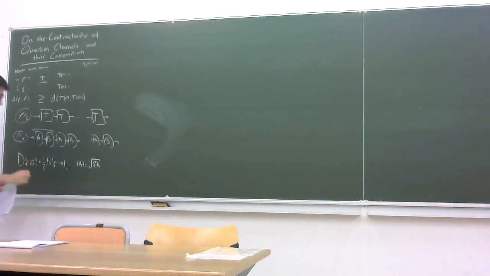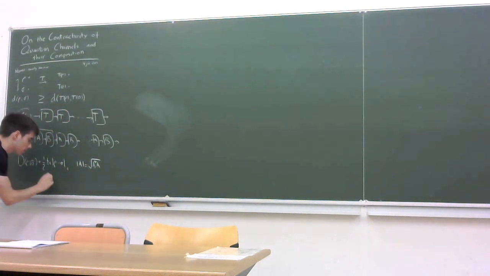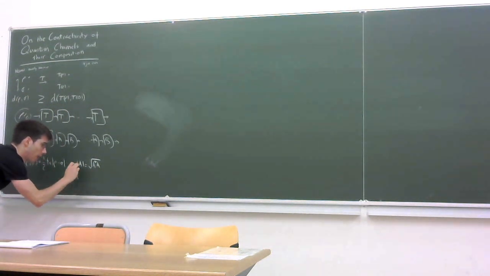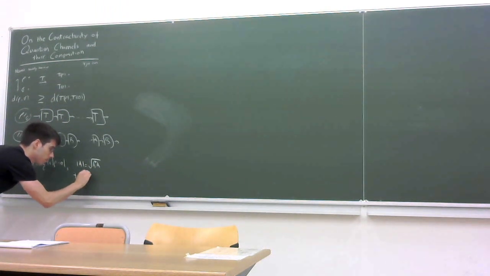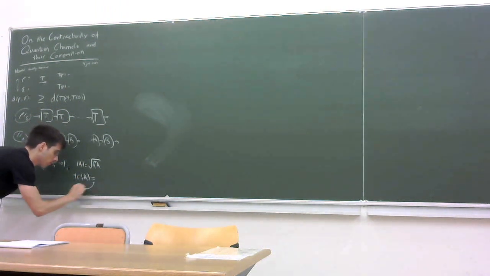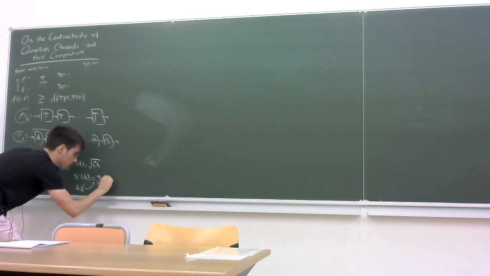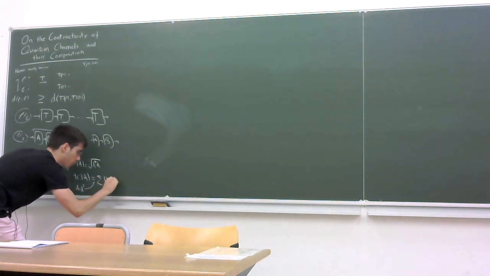But in the case of Hermitian matrices, if A is Hermitian, this is just the sum of the absolute values of its eigenvalues.